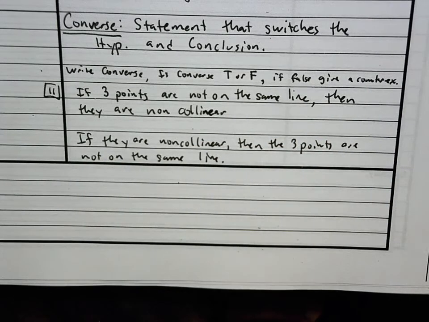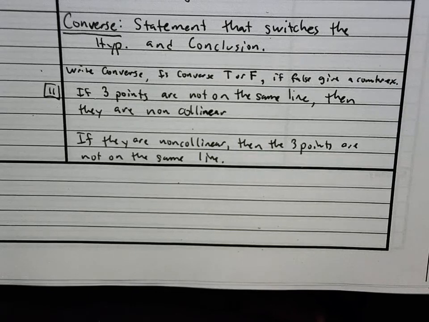I don't know if you remember, because this is Unit 7. In Unit 7, I talked to you about what collinear means. The definition of collinear was on the same line. When we had Unit 7, I had point A, point B, point C, and point D on the ceiling, and I told you they were all collinear.